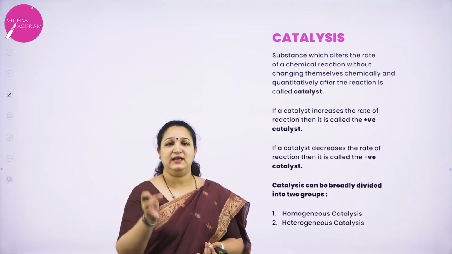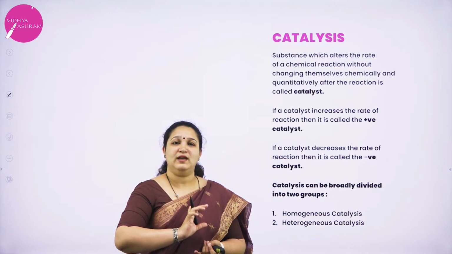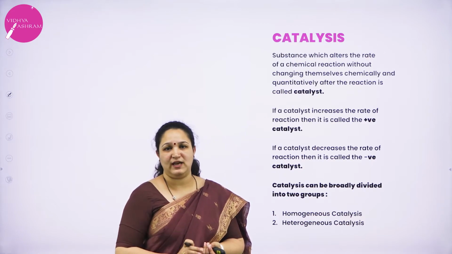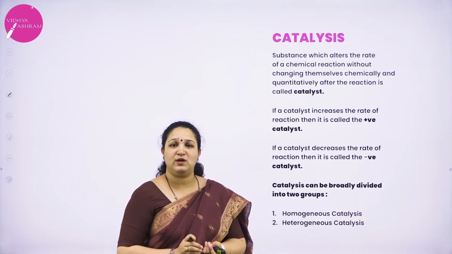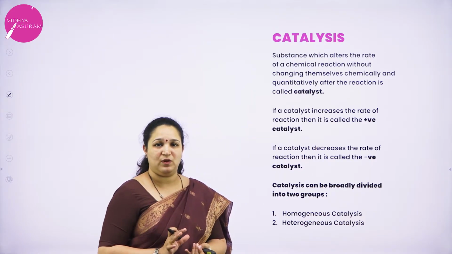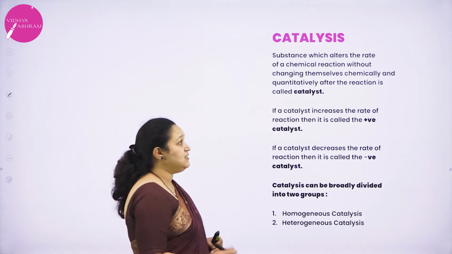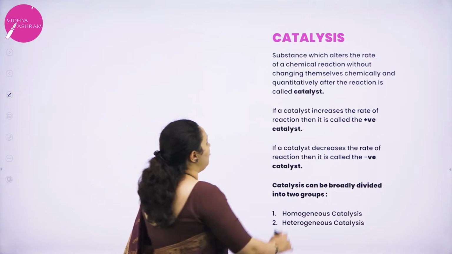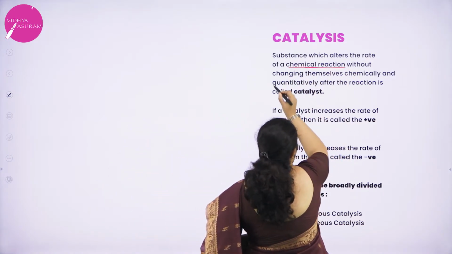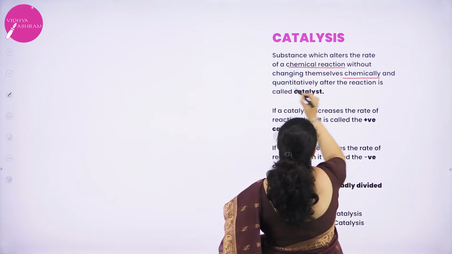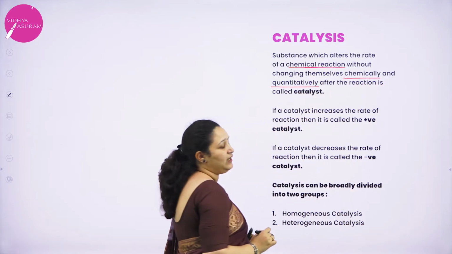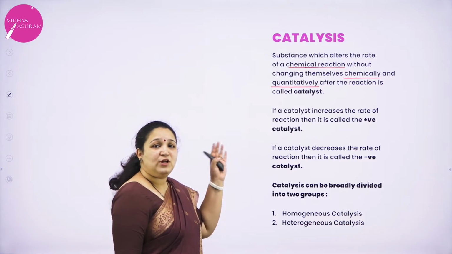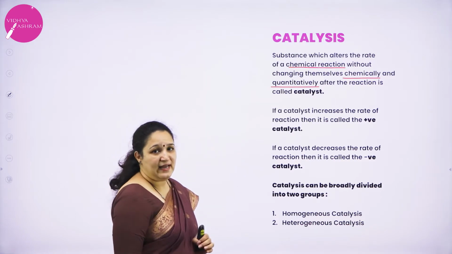That means by adding a catalyst you can increase or decrease the speed or the rate of the reaction. Such a substance we call a catalyst. So the definition goes like this: a substance which alters the rate of a chemical reaction without changing itself chemically or quantitatively after the reaction is called a catalyst, and the phenomenon is called catalysis.